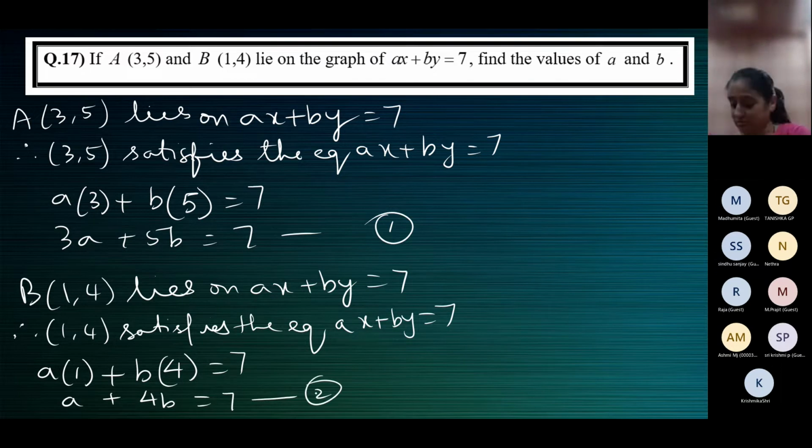Write down so far, children. Please write down so far. Ma'am, we need to consider the 3, 5 as x and y. Correct. 3 is x, 5 is y, and then x is 1 and y is 4.